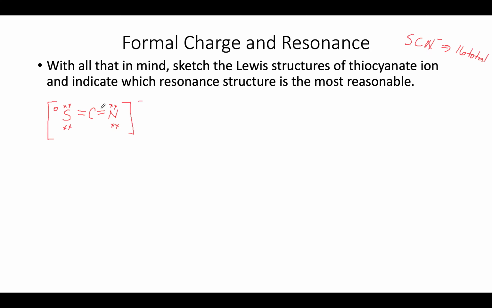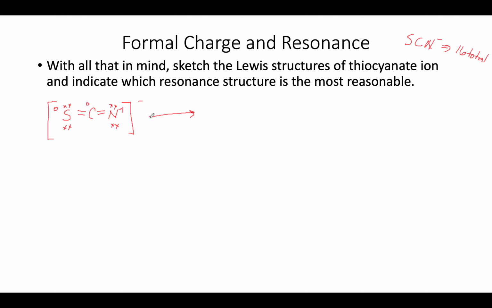Carbon has 4 valence electrons, and it owns 1, 2, 3, 4 in that particular configuration, so the formal charge is 0 on that one. Nitrogen has 5 valence electrons, and it owns 1, 2, 3, 4, 5, 6. So there is a charge of -1 on that nitrogen atom, and there you go. So that is 0 plus 0 plus -1 is -1. We're all groovy.